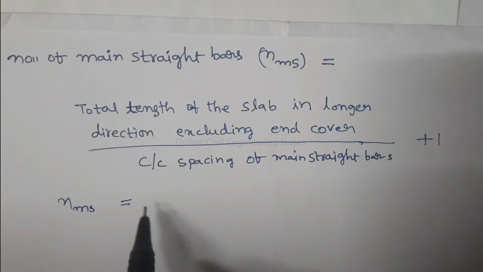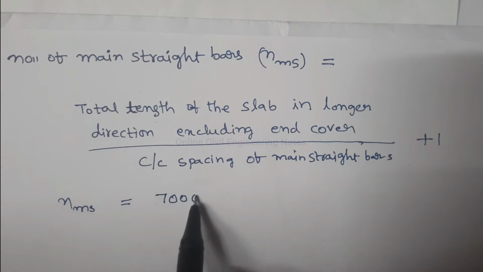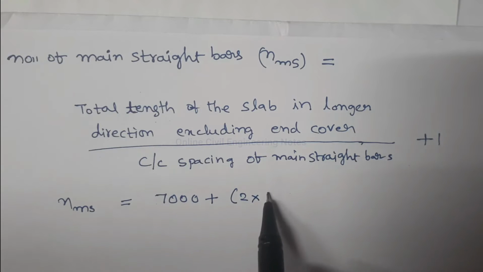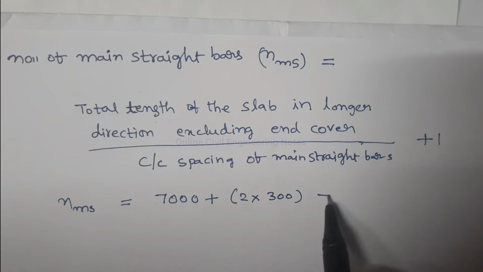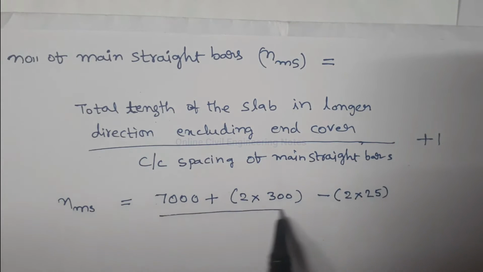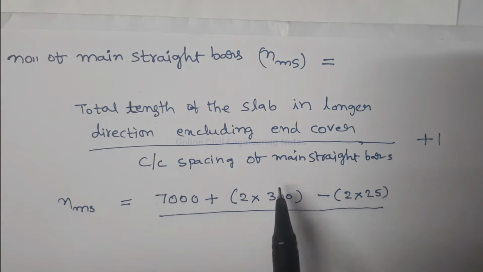Total length of the slab in longer direction is clear span in the longer direction 7000 plus 2 into support width 300 minus end covers 2 times 25, divided by spacing of main straight bars.